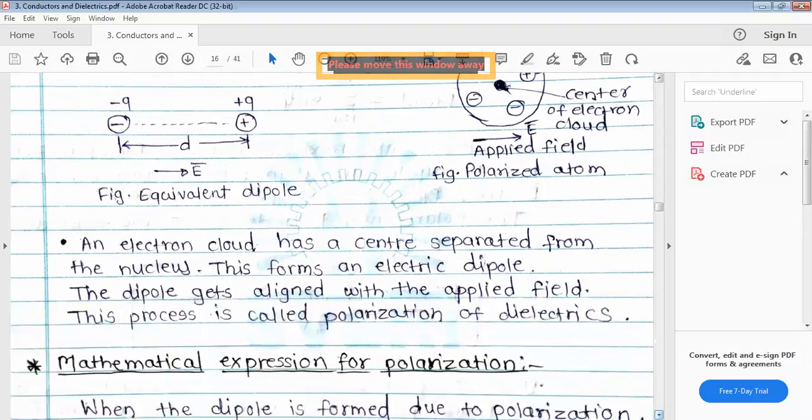So here an electron cloud has a center separated from the nucleus, and this forms an electric dipole, and the dipole gets aligned with the applied field. म्हणजे जसं तुम्ही field apply कराल तसं dipole form होणार आहे. In this way your dipole will be formed, and this process is called the polarization of dielectrics.